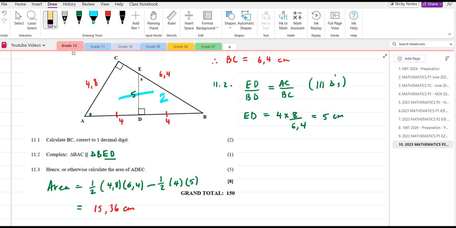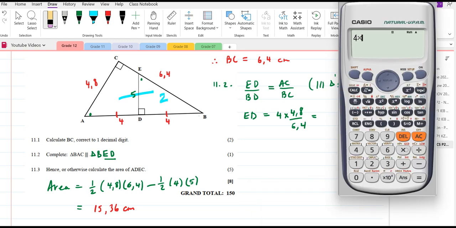I think I made a mistake here, guys. AC over BC. AC was 4.8, so that's 4.8 over 6.4 for BC. So that should not be 5. ED should be 4 times 4.8 over 6.4.